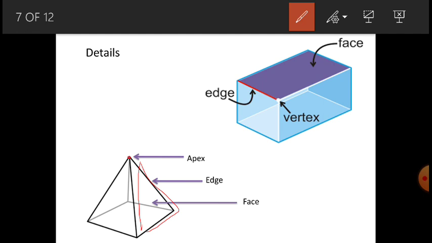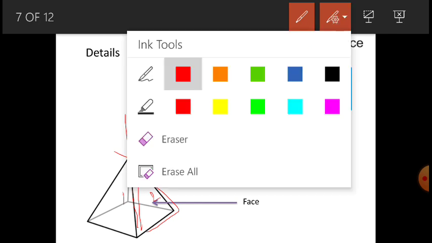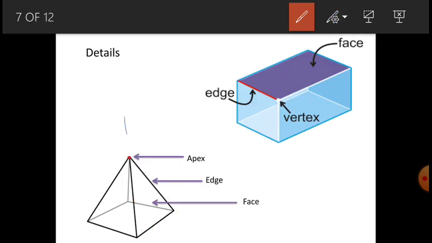The two planes joining at a point is called an edge, right, this face and this face meeting at a point make an edge there. When all the edges meet at a point, you can see the red marked point, that is called the apex, okay.